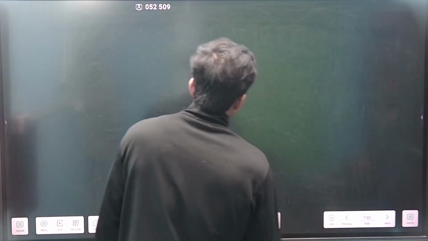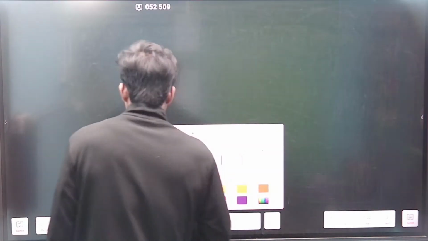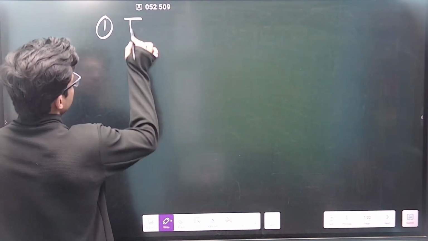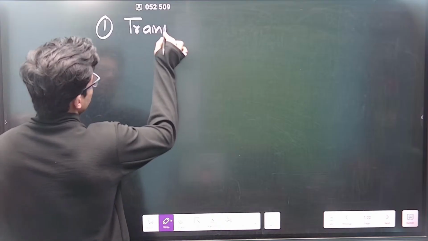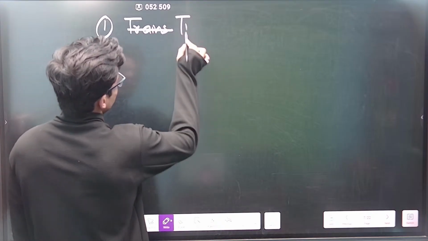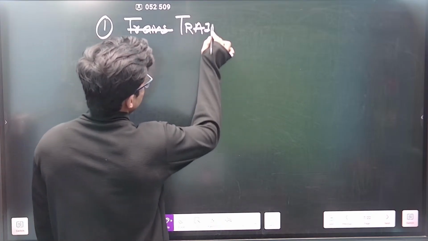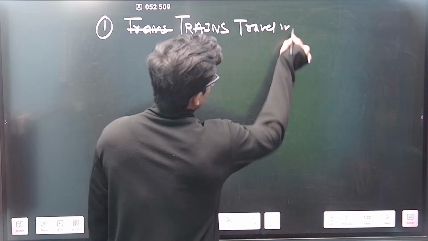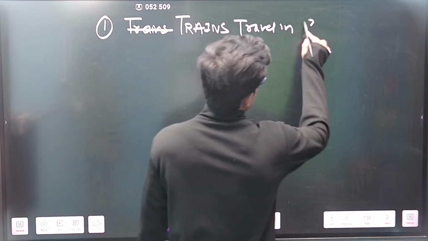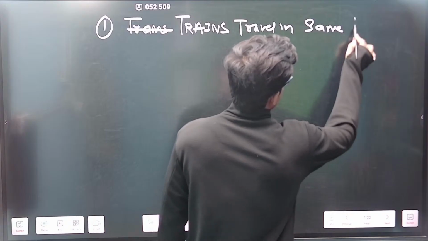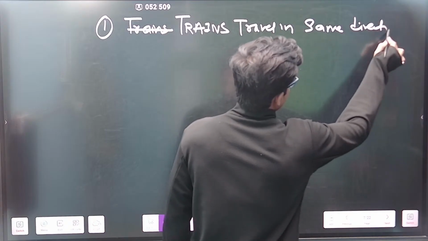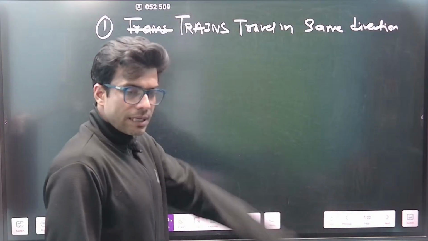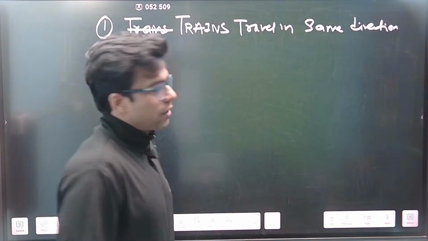Now suppose I make a scenario, scenario number 1, trains travel in the same direction. See, whenever two trains, two bikes travel in the same direction, there will be a chance of overtake.